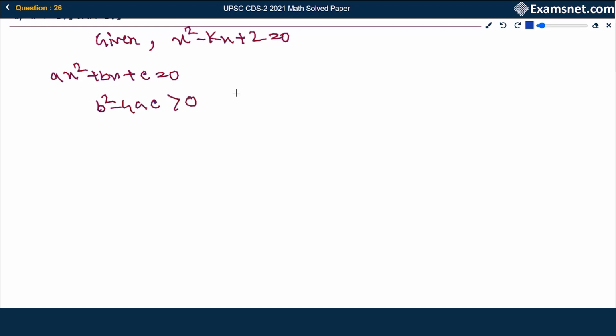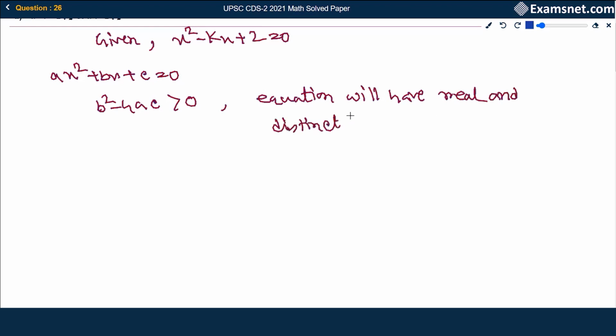Now if the discriminant is greater than 0, we can say the equation will have real and distinct solutions. Okay, so we will follow this method.